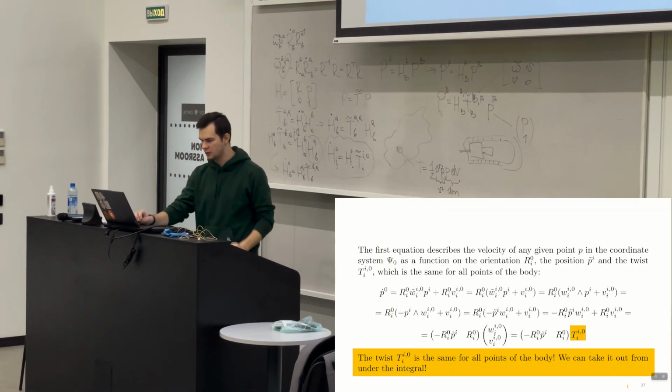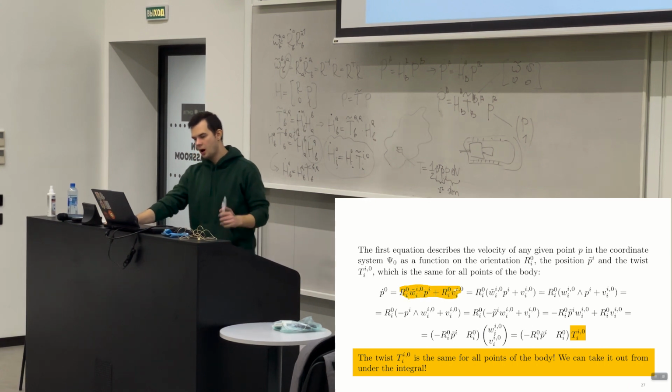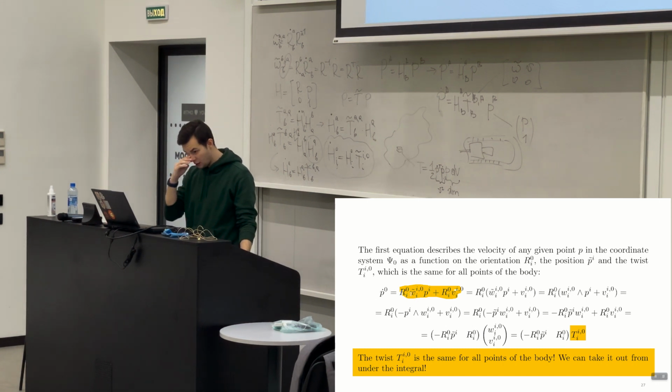So here you can see the derivation. We just derived that P dot equals R times the angular velocity in skew-symmetric form times P, the position, plus R times the linear component.